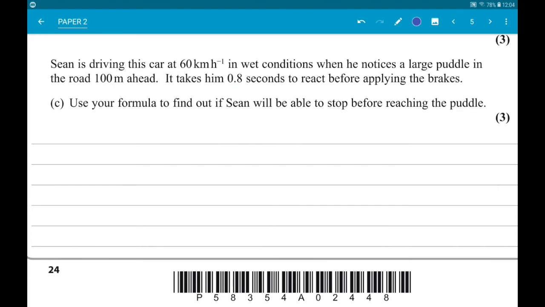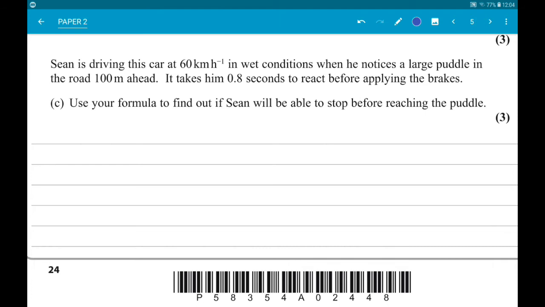Sean is driving at 60 kilometers per hour in wet conditions when he notices a large puddle in the road 100 meters ahead. He takes 0.8 seconds to react and apply the brakes. Use your formula to find out if Sean stops before reaching the puddle.